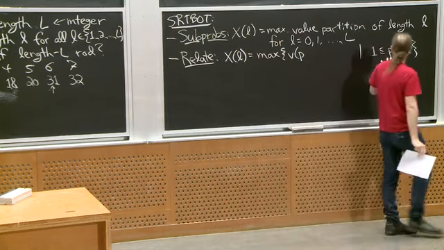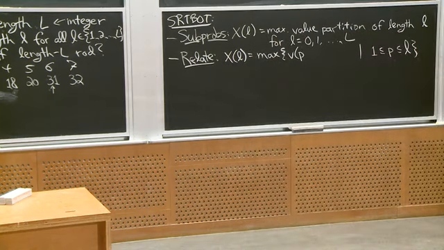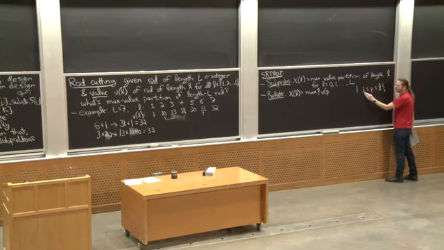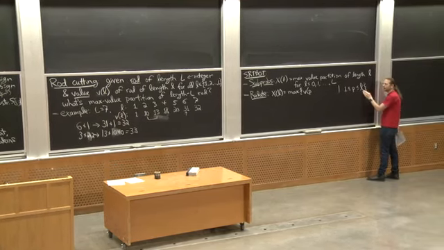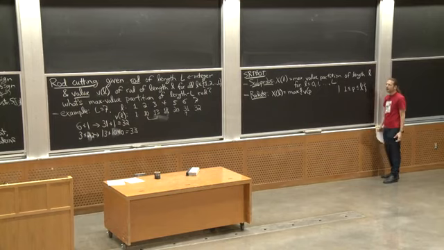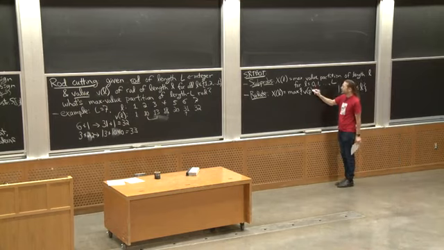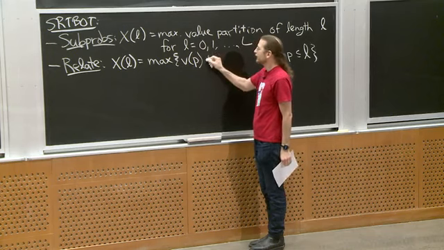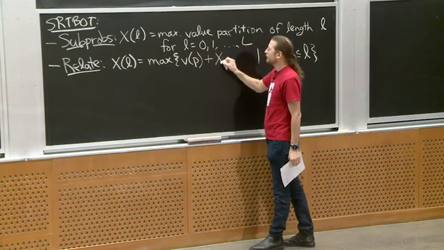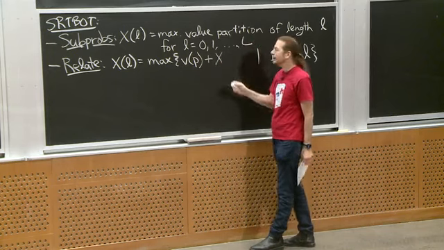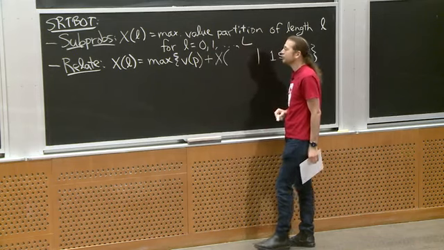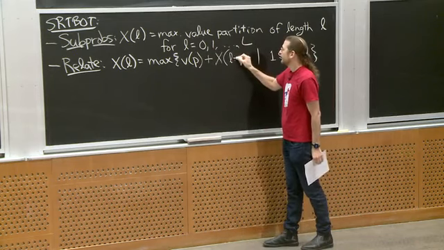And I want to choose how much of that rod to sell in the next piece. So I could cut off something of length 1, or I could sell the whole thing, or cut off any piece size in between. And the money I will get for that is whatever the value of that piece is, plus, recursively, the maximum I can get from all the remaining pieces. Sorry, from the remaining length, which is little l minus p.